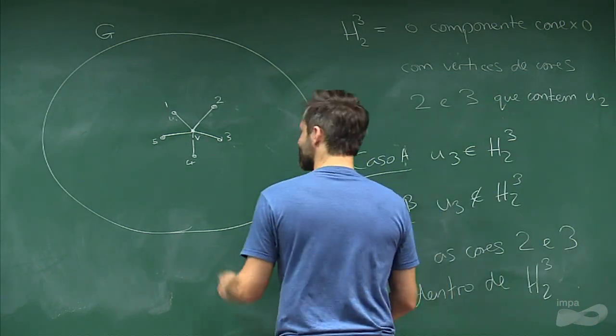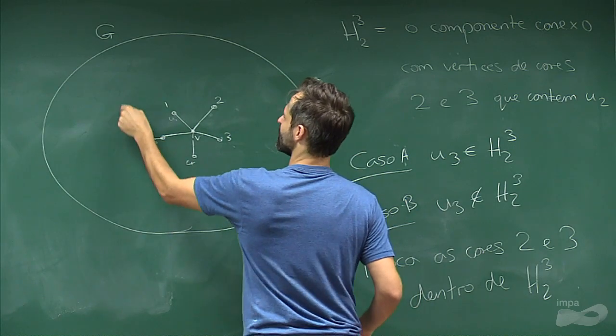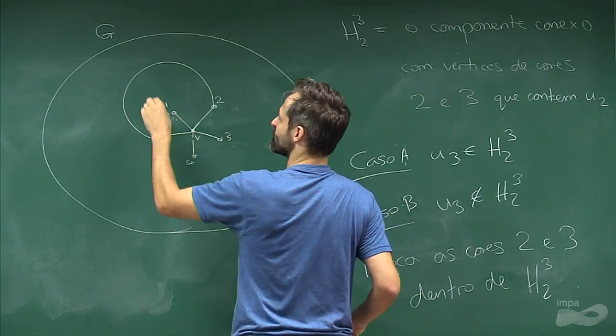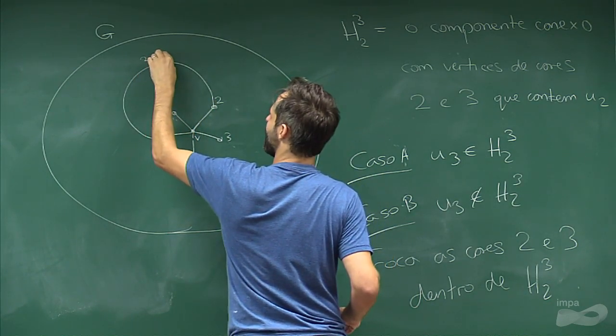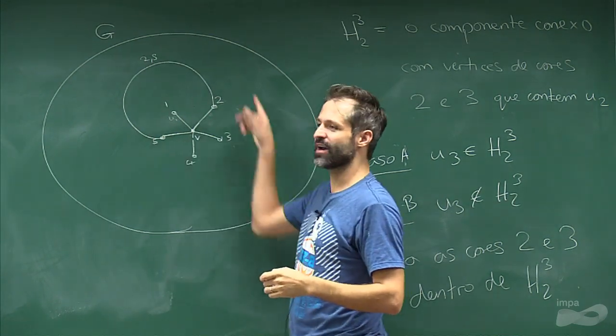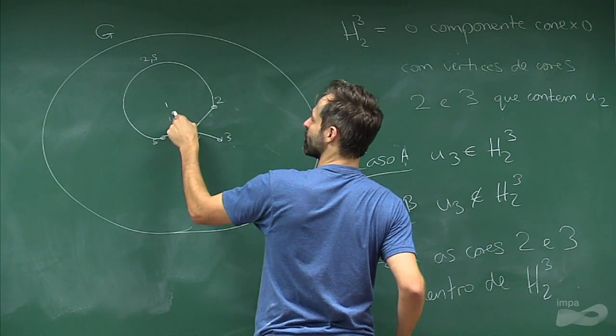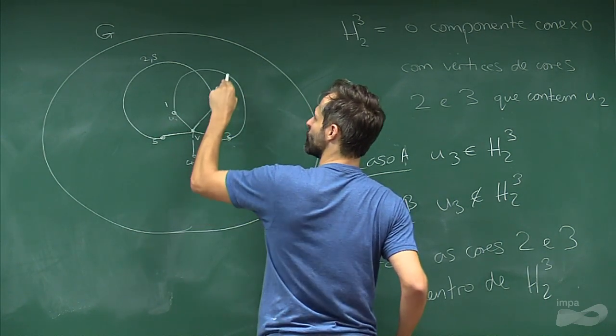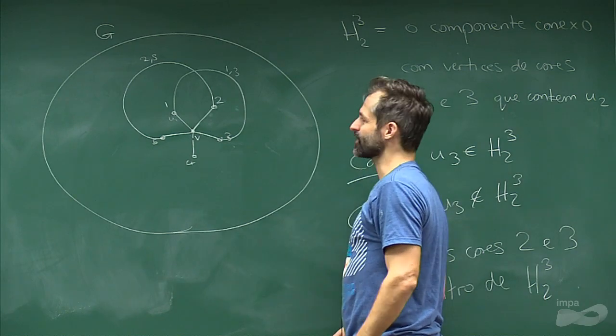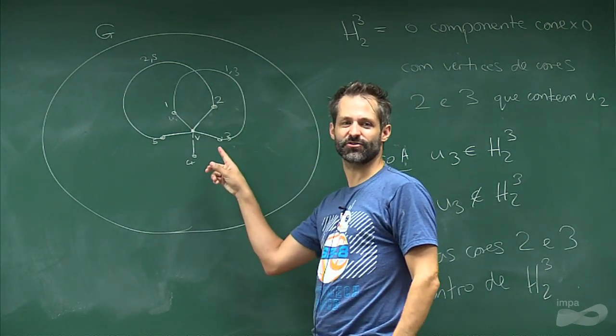Yeah, exactly. Right? There's a path in H25, so a sort of 2-5 path between 5 and 2. And there's a 1-3 path between 1 and 3. But these paths are not allowed to cross. Right?